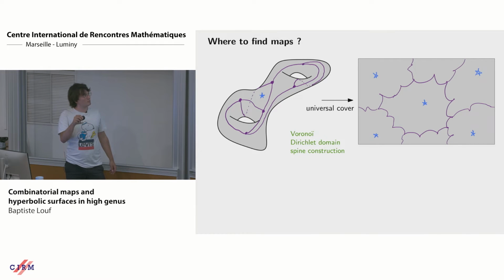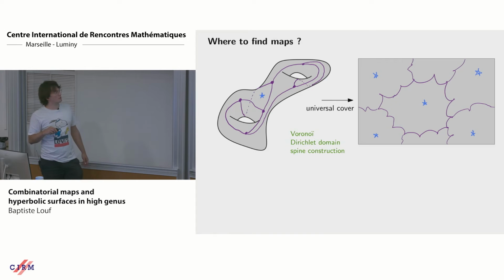There's going to be some identification, and with high probability, if your surface is typical, your map will have only one face, by definition, because it's only one polygon, and all the vertices will be of degree 3. I think this thing here is called a Dirichlet domain, and also if you do this when you have one cusp in your surface, and you start from the cusp, it's called the spine construction that Timothy told you about on Tuesday. So that would be one way to find maps on my hyperbolic surface.